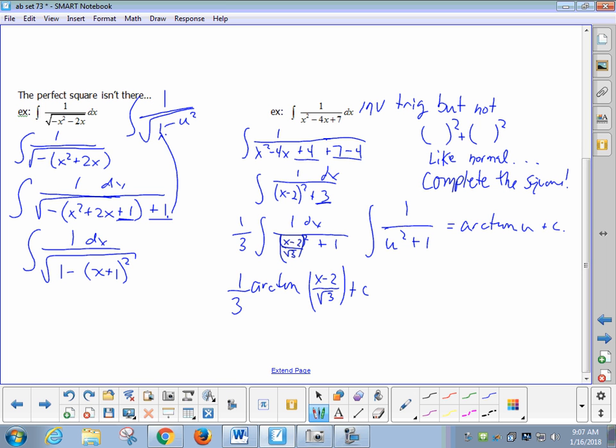Okay, boom, now it fits the pattern. You could let u equal x plus 1, in which case the antiderivative is arcsine of u, and instead of u, it's arcsine of x plus 1, plus c.